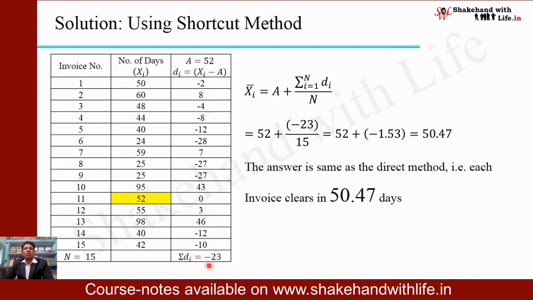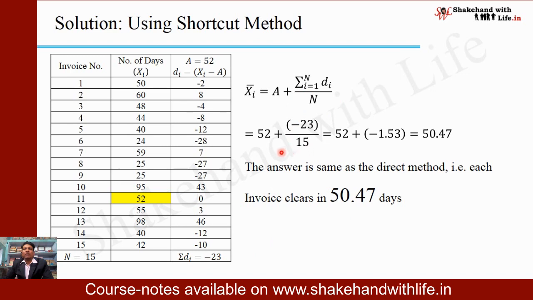Sigma di is minus 23. Then what is the formula? The formula is xi bar is equal to a plus sigma di divided by n, and sigma di is minus 23. Right here, replace sigma di by minus 23. N is 15.